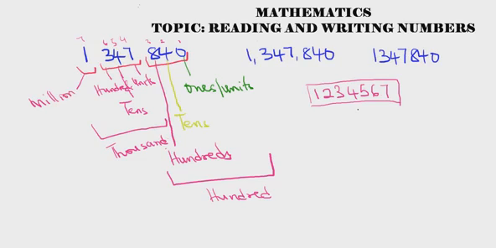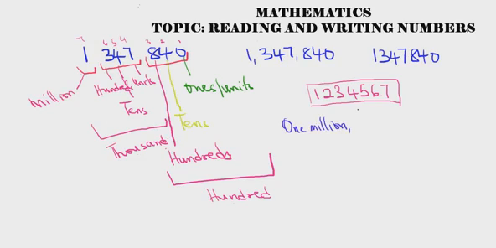Now, how do you read the number as we have it here? We are going to start from the million, and from the million, you go to the thousand. From thousand, you come to the hundred. So if I'm to write this number in words, I'm going to have it this way. It's going to be 1 million, a comma.